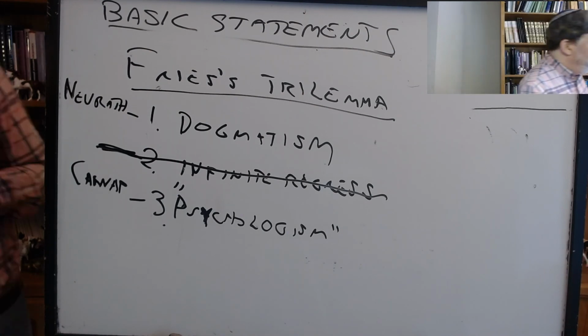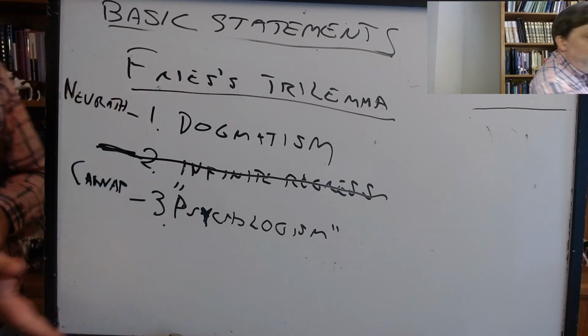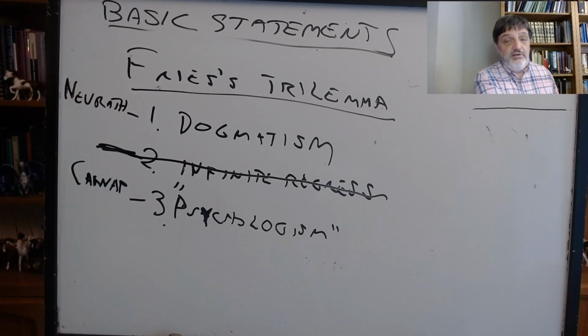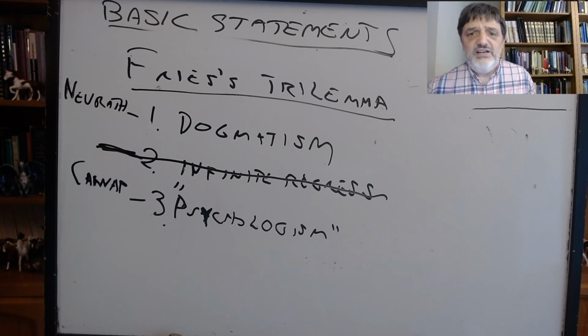But Popper says, my view doesn't have this problem. It escapes from Fries's trilemma. And that also, I think, is why Popper is willing to say, whatever kind of statements that we agree to make basic statements, those will be the basic statements. They're not a special kind of statement.